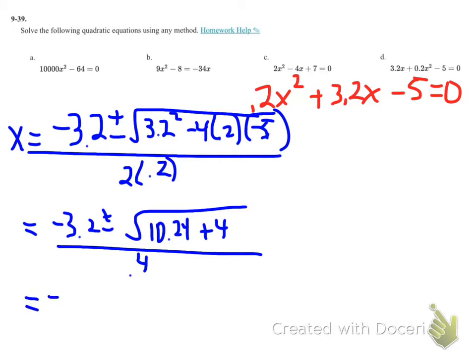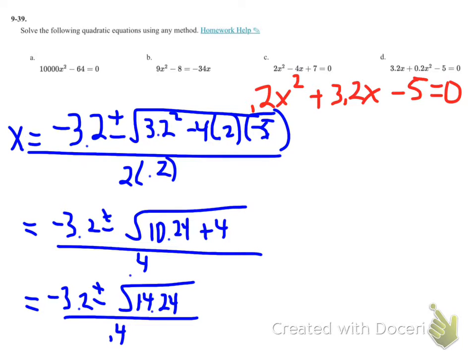So now I have negative 3.2 plus or minus the square root of 14.24, divided by 0.4. Now when I take the square root, this is not a perfect square like we had in problem B. That's going to equal approximately 3.774.